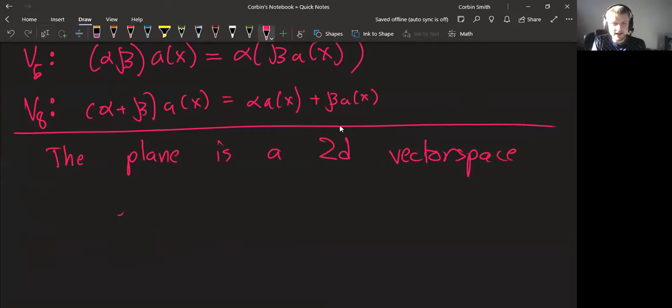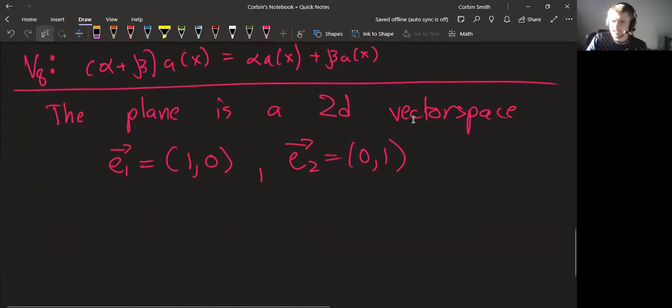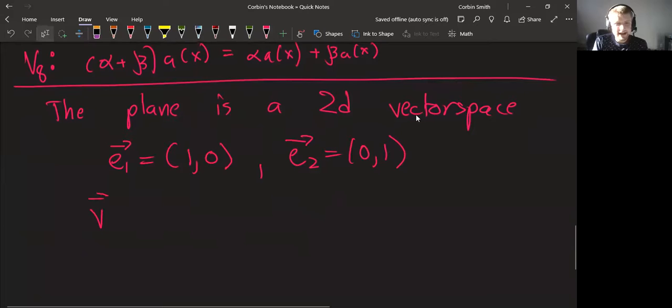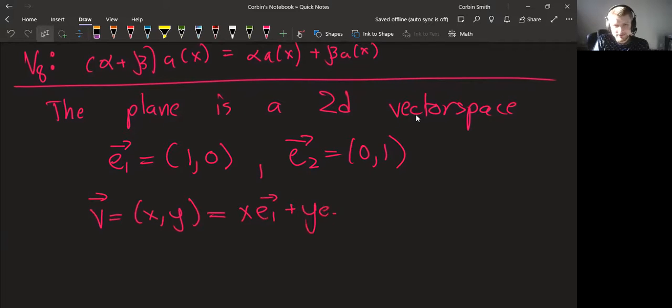I'm going to say that vector E1 is equal to (1, 0), and vector E2 is (0, 1). If I had any vector V, which is just equal to (x, y), then I could write that as x times E1 plus y times E2. And this is unique.